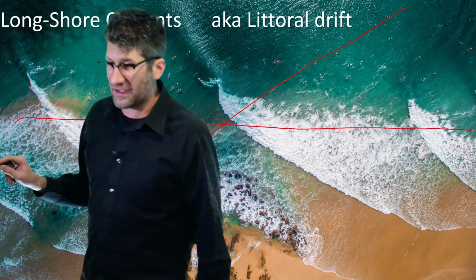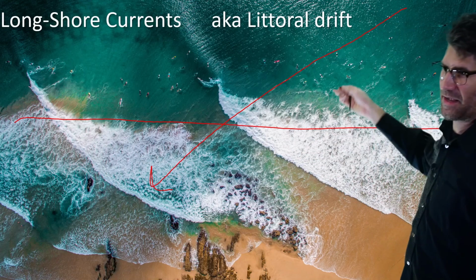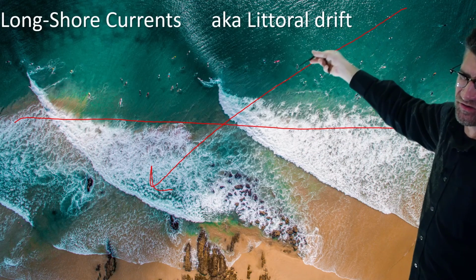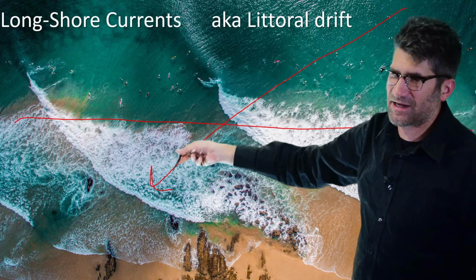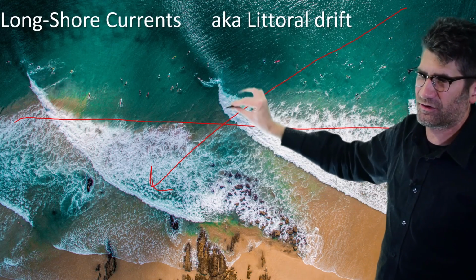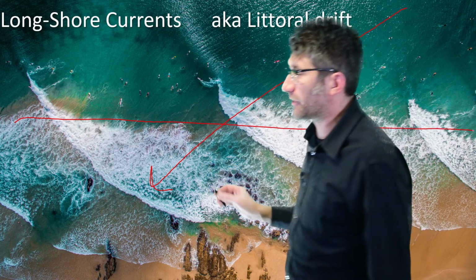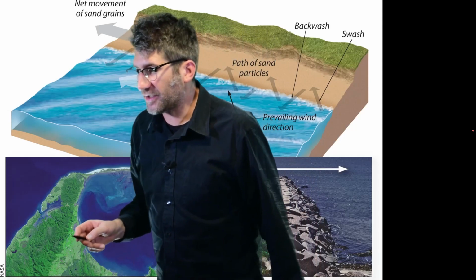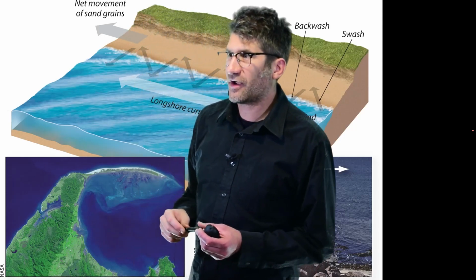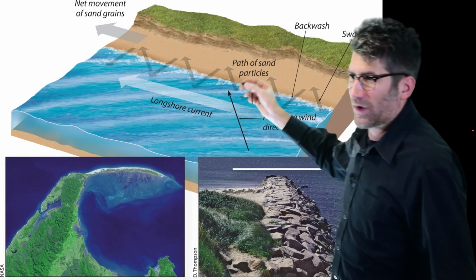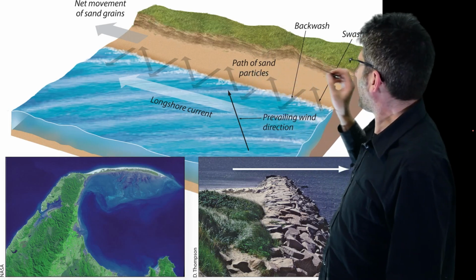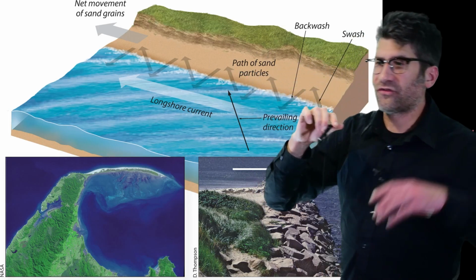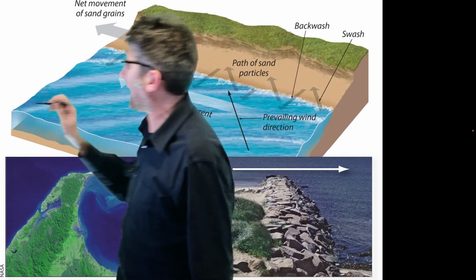Does everyone see that? So what's happening is the wind is pushing these waves onto the coastline at an angle. It's not perpendicular, it's at an angle. And that's going to be really important, because the path of sand along the coastline is going to follow an asymmetrical path.